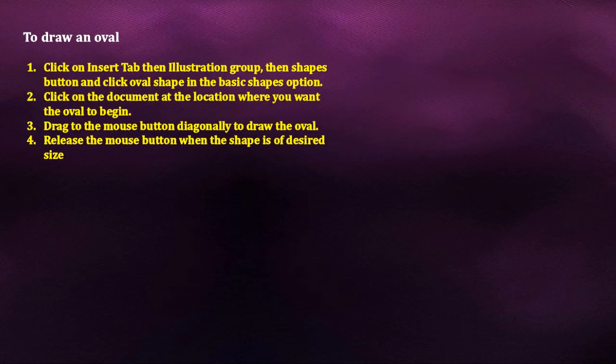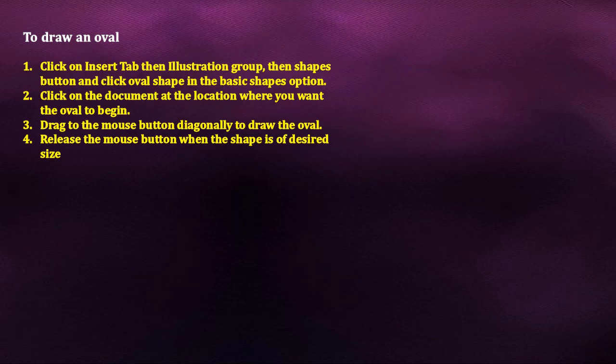To draw an oval shape, click on the Insert tab, then Illustration group, then the Shapes button and click Oval in the Basic Shapes option. Click on the document at the location where you want the oval to begin.